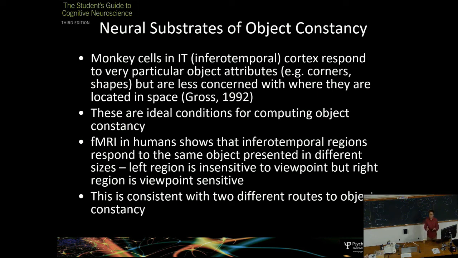If you look in, say, monkeys at the properties of individual neurons and what they respond to, they have very large receptive fields. They respond to things like junctions, such as a T-junction, or shapes. But they don't care whether the T-junction is here or over there.